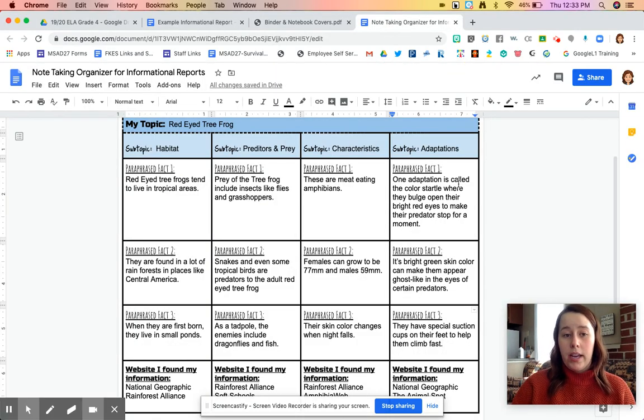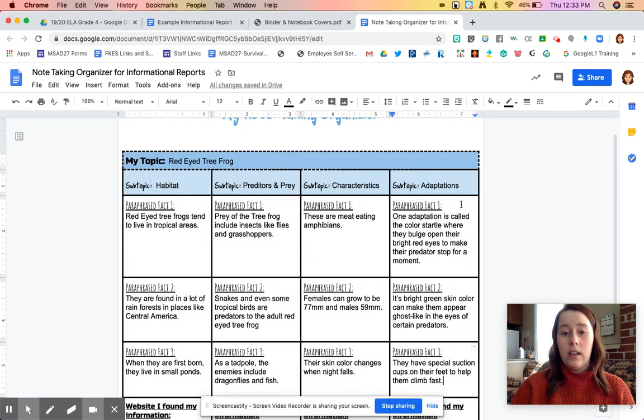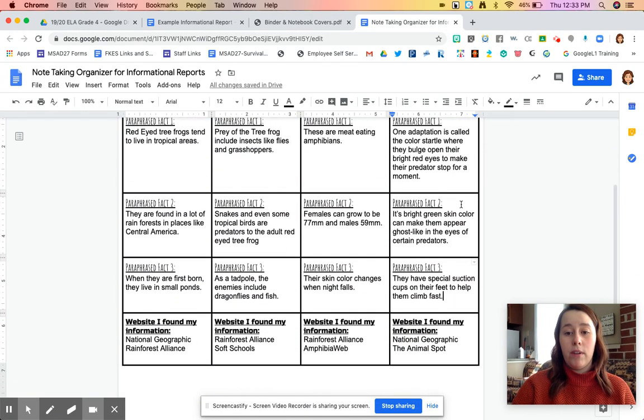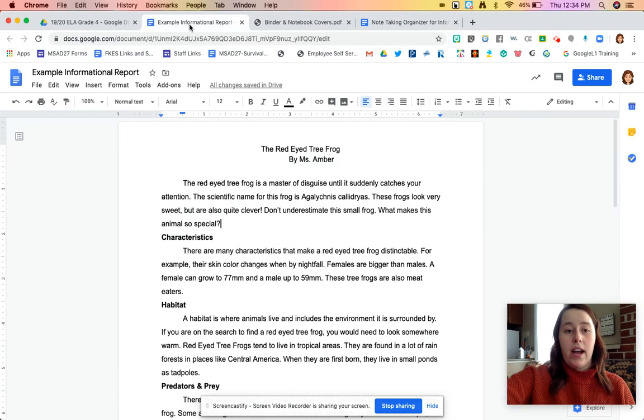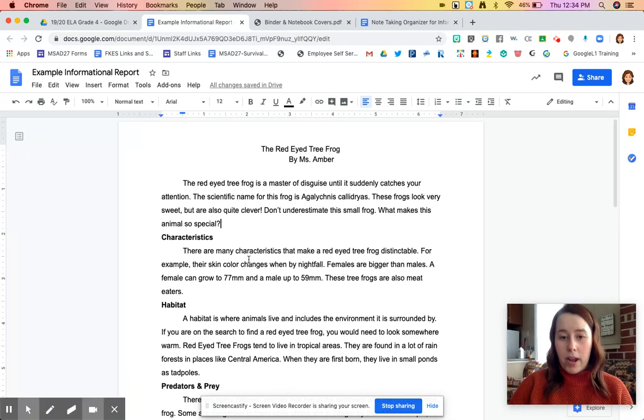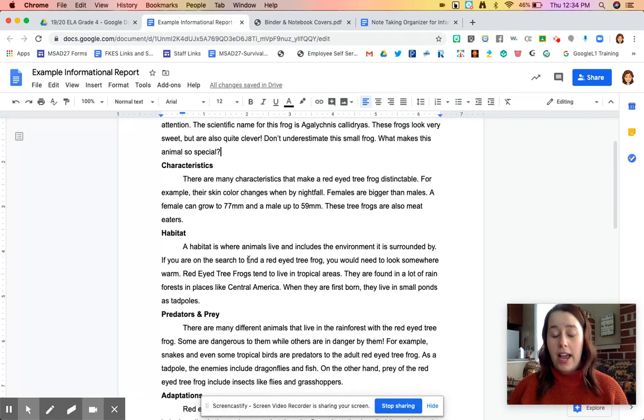This was my note-taking organizer from the other day with all of my paraphrased facts, and I took that information and started writing my informational report on the red-eyed tree frog. So if you look, when I wrote my report, I actually started with my subtopics first.